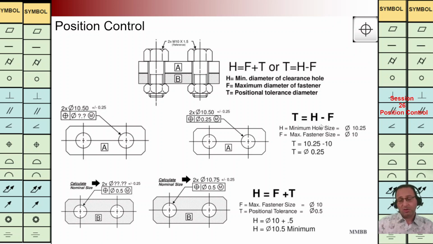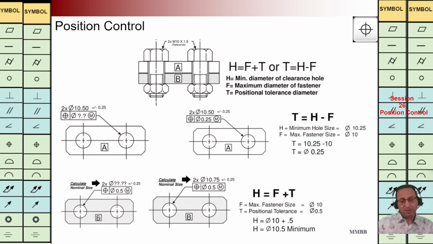Always we are going to talk about the worst case or MMC situation. For the hole, MMC is the smallest diameter of the hole, and we can see what it should be. It is 10.25 here. And for fastener, MMC is 10. In this way, we are going to calculate what should be this tolerance for this hole, as it is calculated here, and you can see here.